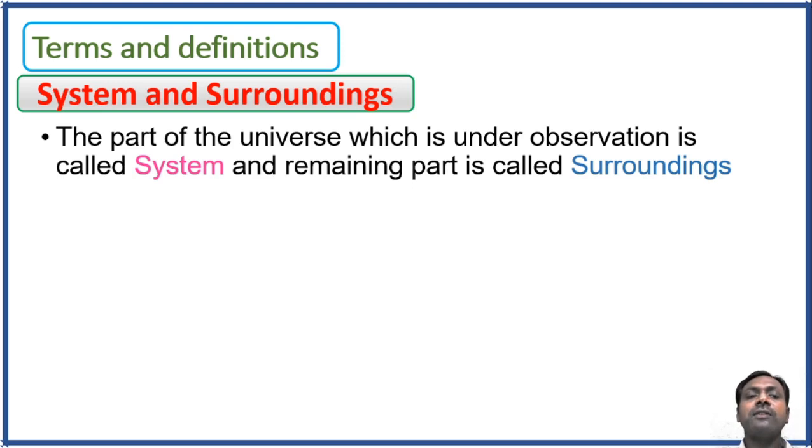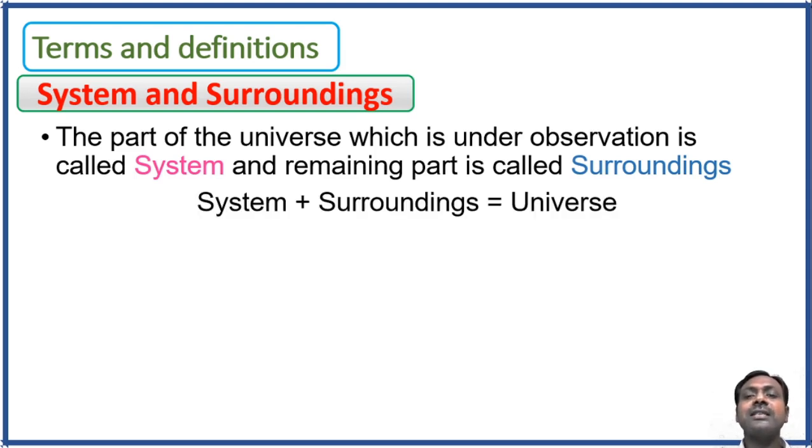System may be like gas present in a cylinder, or water boiling in a vessel, anything else. The remaining part is called surroundings. That means everything apart from the system is called surroundings. So the system and surroundings both comprise the universe.